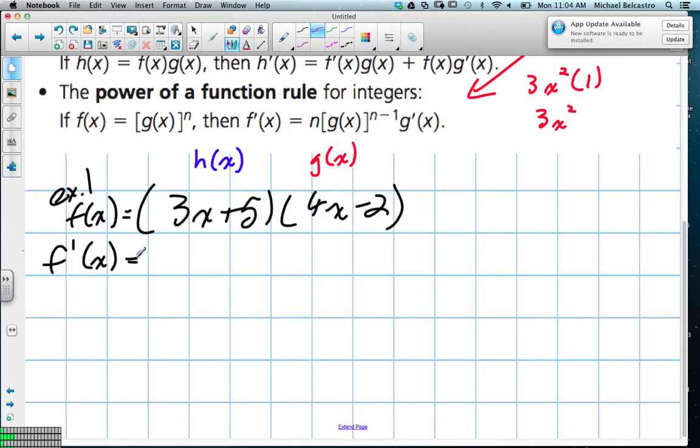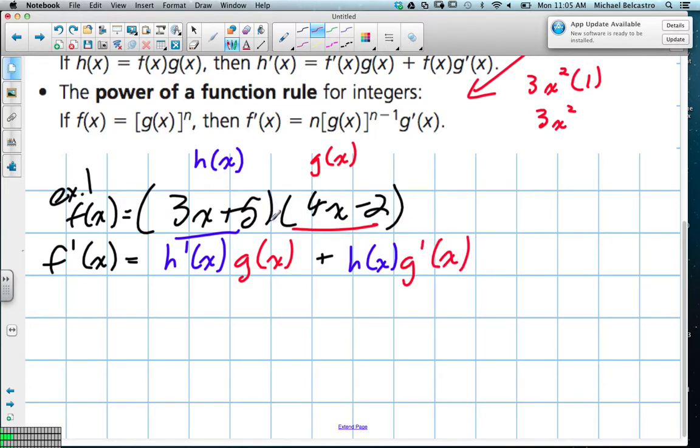Okay. So what they're looking for in this is h prime x, so I have to find the derivative of the first bracket, multiplied by g at x, so I leave the second bracket the same as is, plus the original h x multiplied by the prime, so g prime x, the derivative of the second function. So let's keep that in mind as we go through this.